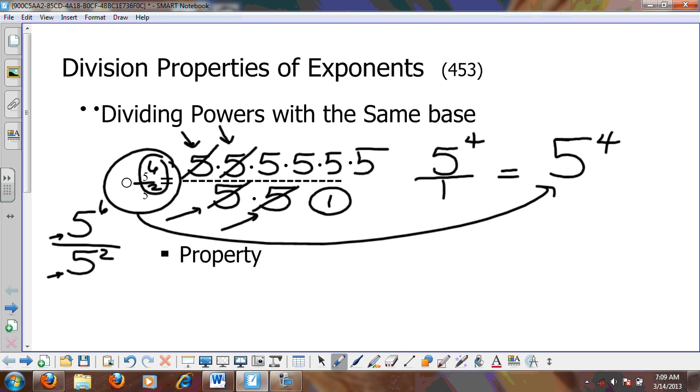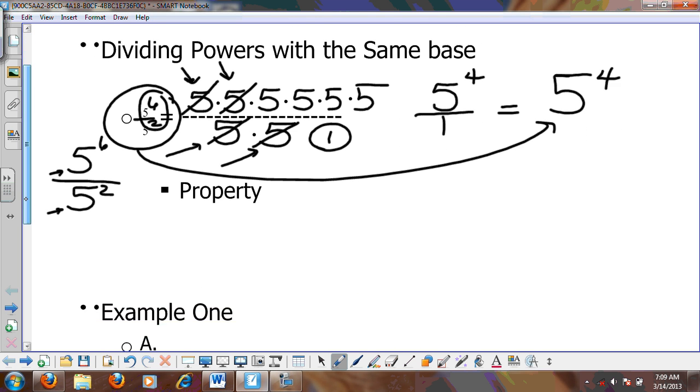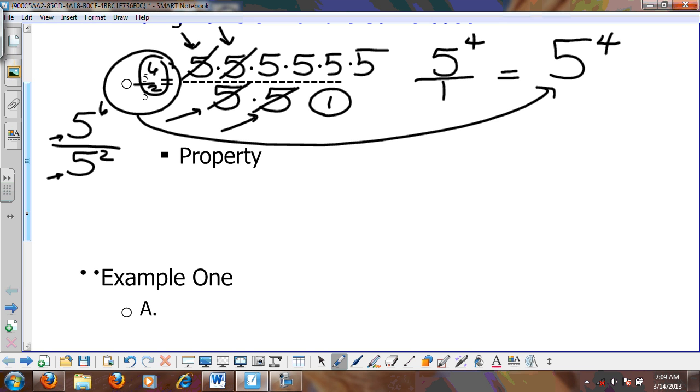Absolutely. So if you look further down on page 453, it gives you a property. If it's a property, it means they've tried to find a counterexample and have not, so it has become a property. It says for every non-zero number a and integers m and n, a to the m over a to the n equals a to the m minus n.